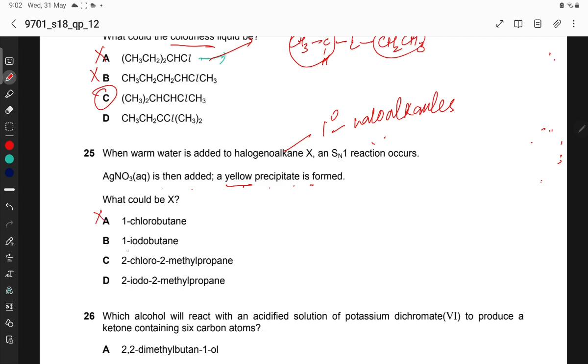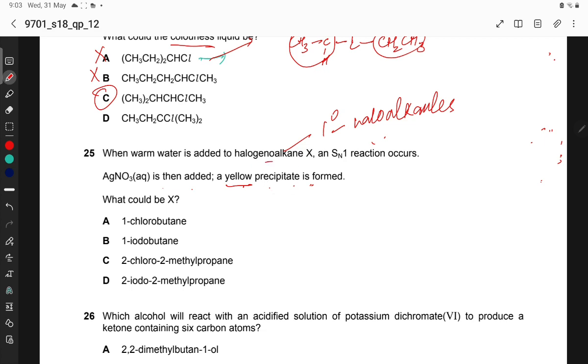So 1-iodobutane, CH3, C, CH3, CH3, iodine.